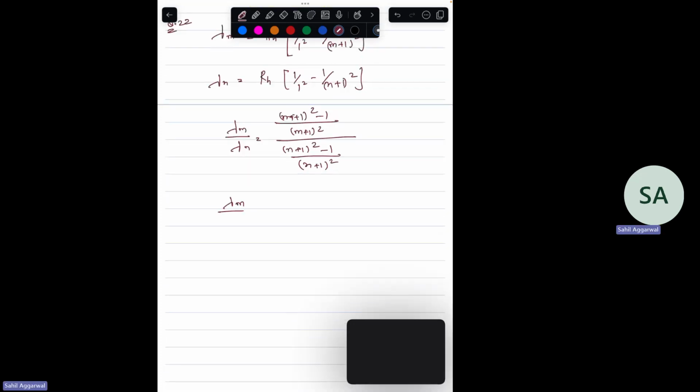और सिंप्लीफाई करेंगे तो it would be m plus 1 whole square minus 1 into n plus 1 whole square divided by n plus 1 whole square minus 1 into m plus 1 whole square, which is given as the first option, so it would be correct.